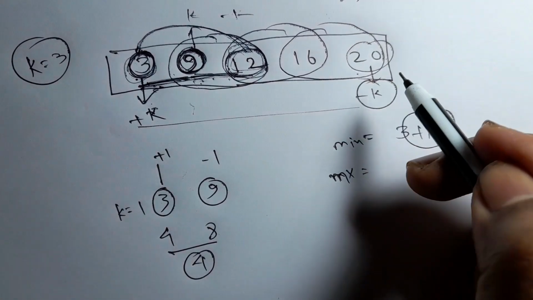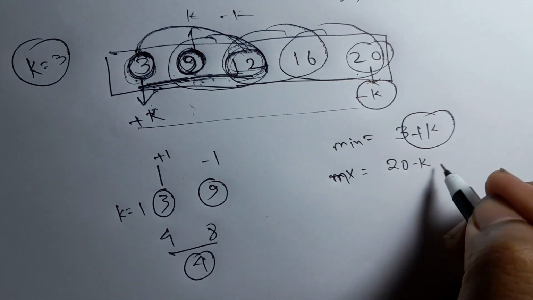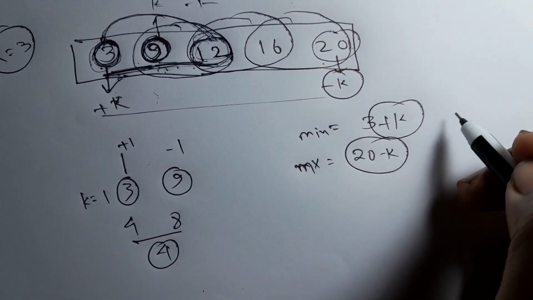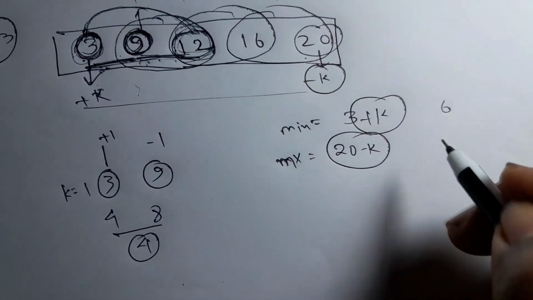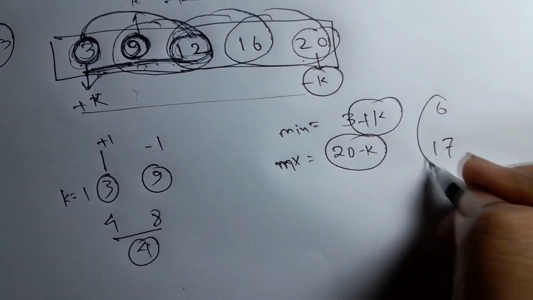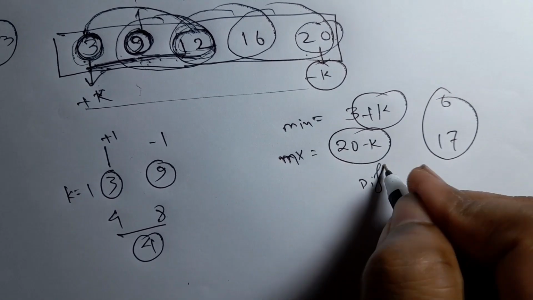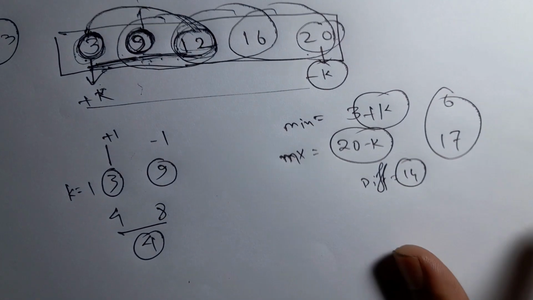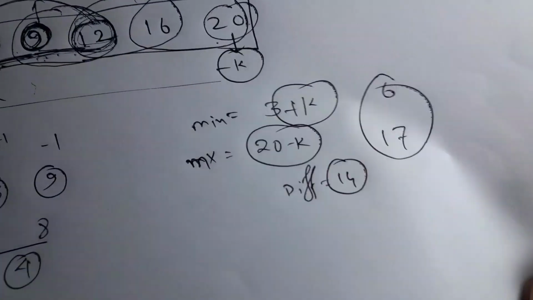Our maximum element is 20, and we will decrease it. So now our element will be 3 plus k equals 6, and 20 minus k equals 20 minus 3 equals 17. Now our difference is 14. Clear? I think it is clear. Now let's dive into the main solution.